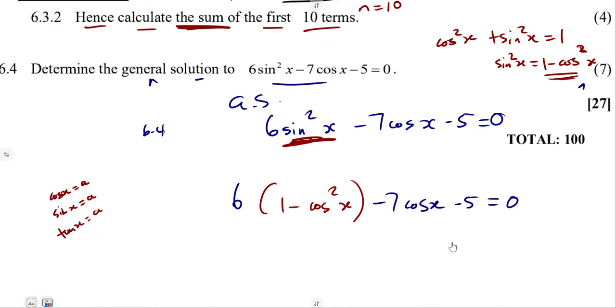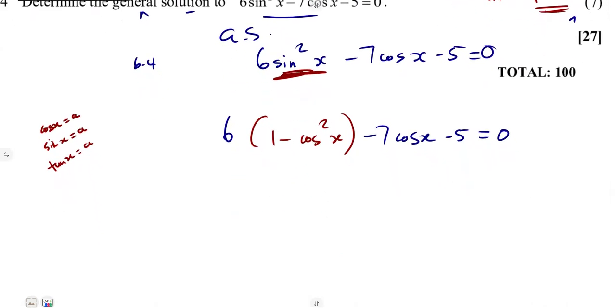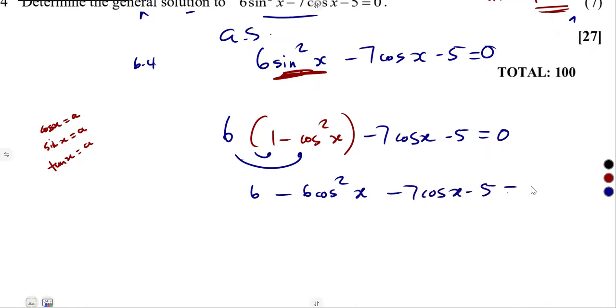So that's a quadratic that we have formed under a cos. So let's solve. Expand the bracket: 6 times negative cos squared of x, negative 7 cos x, negative 5 is equal to 0. So this is negative 6 cos squared of x, minus 7 cos of x, and then 6 and 5 there.